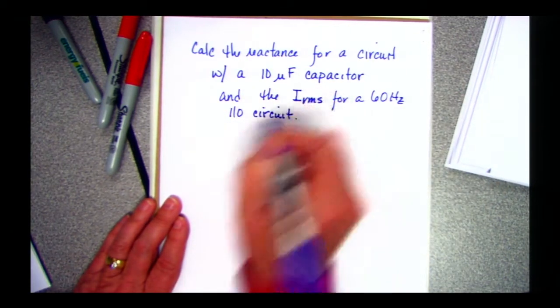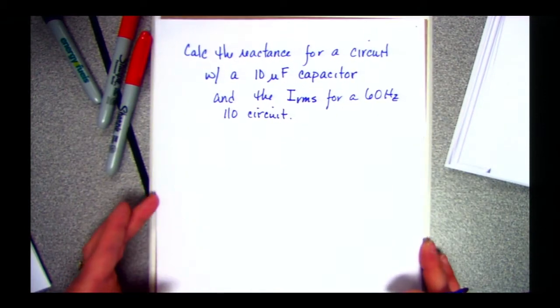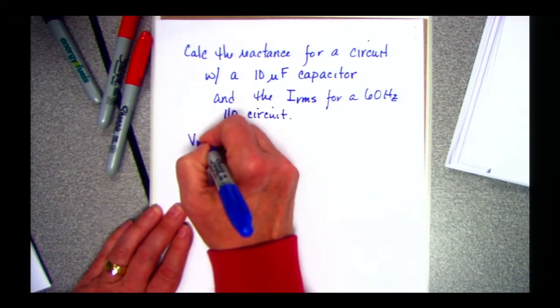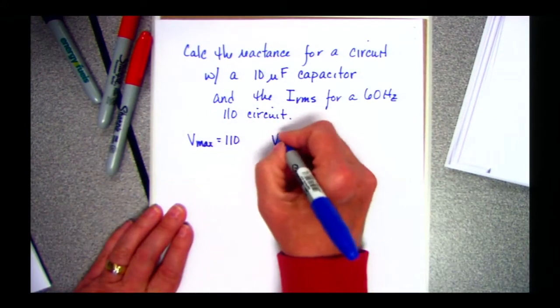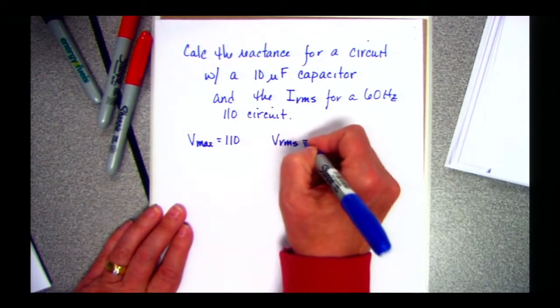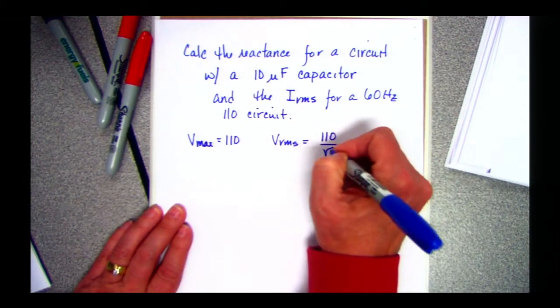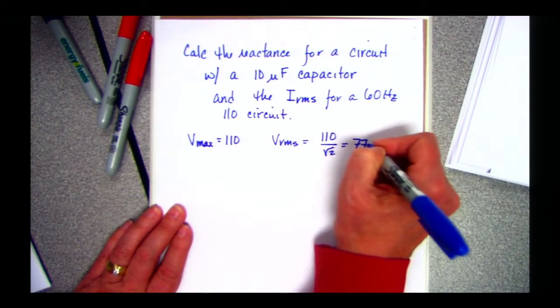I mean, we might as well work practical problems, right? So we know what the voltage max is. It's 110. We know what the voltage RMS is, because we've already calculated it. It's 110 divided by the square root of 2, which is going to give us 77.8 volts.